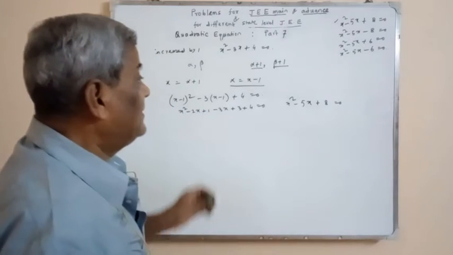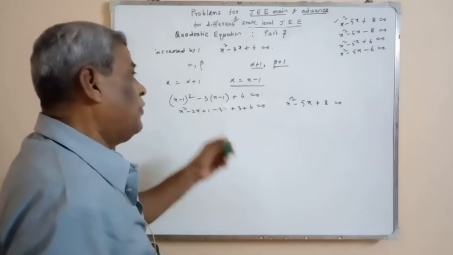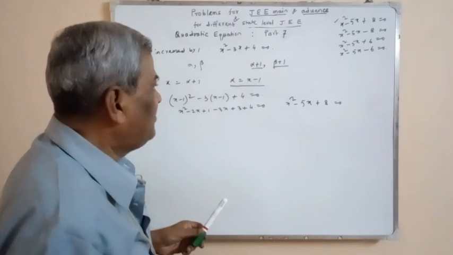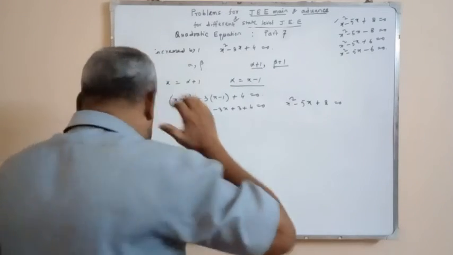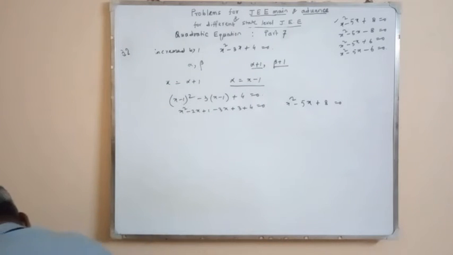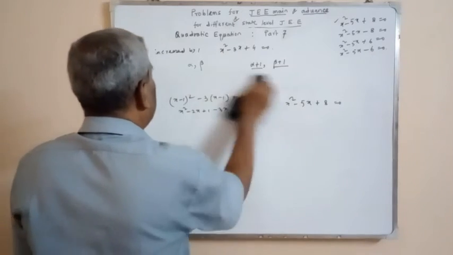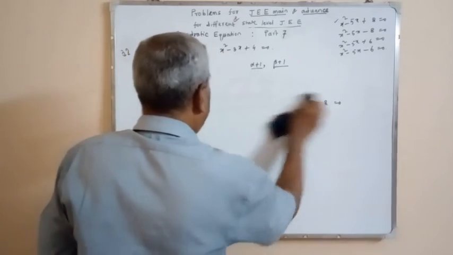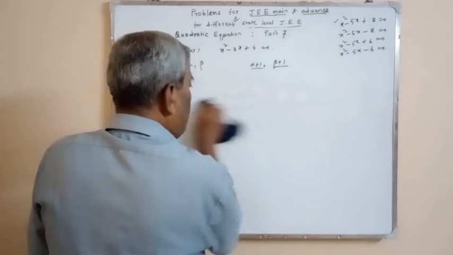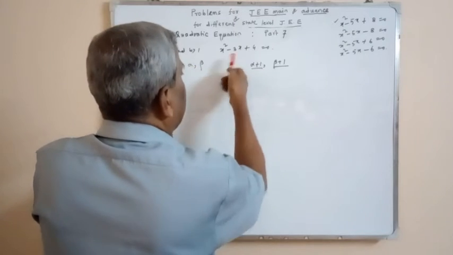Mind that this method can be applied only if the roots are symmetric. Otherwise, we can solve it in this way. Alpha, beta are the roots of that.